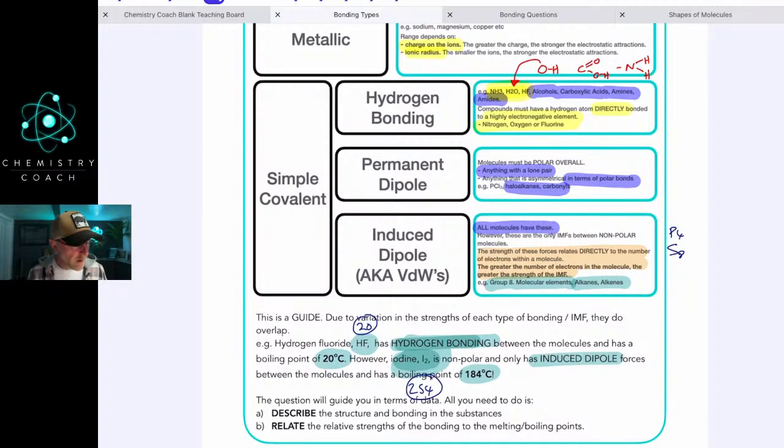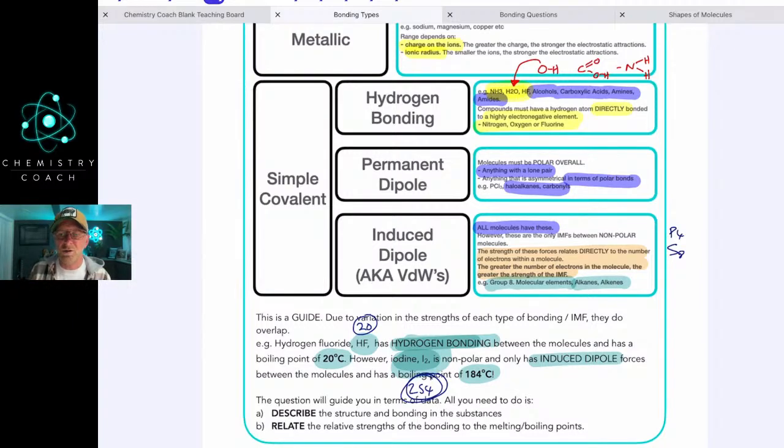Okay? So you can see that induced dipole forces, it's not a hard and fast rule that if it's got hydrogen bonding, it must have a higher melting point than something that's non-polar. Not true, okay? But in a question, you're not expected to know that iodine has got a higher melting point than hydrogen fluoride.